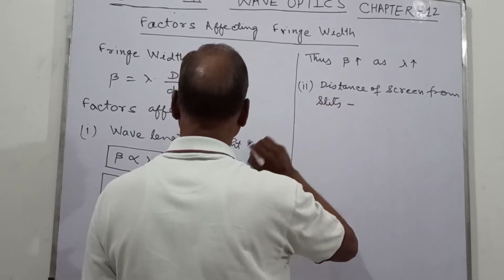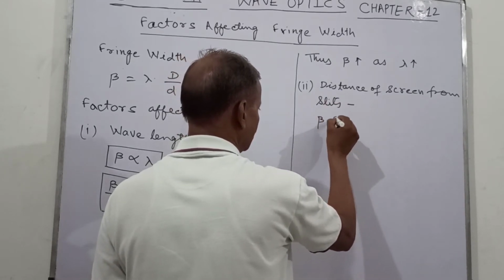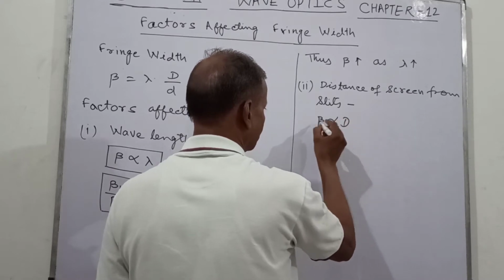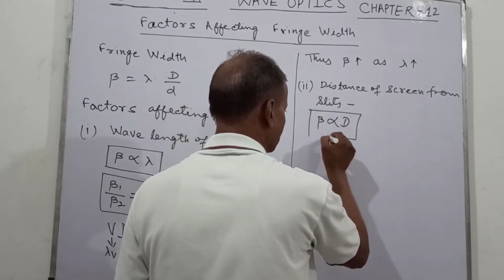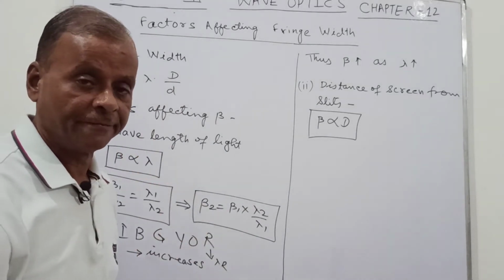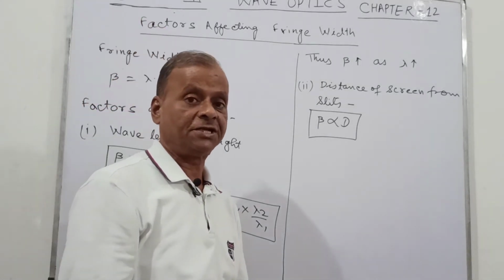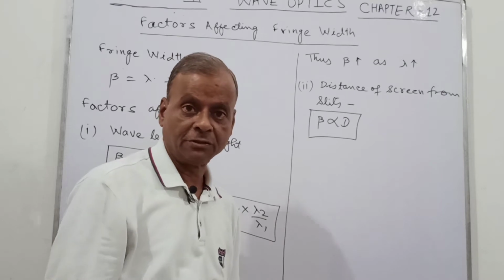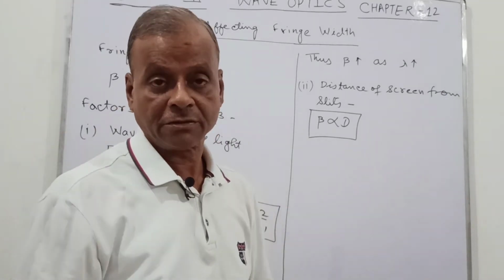This is the second factor, and this beta is proportional to D. So as D is increased, beta increases. It means that if the screen is at a large distance, then fringes will be of large thickness.